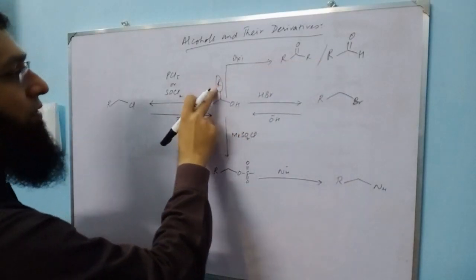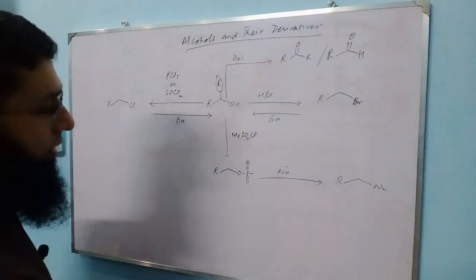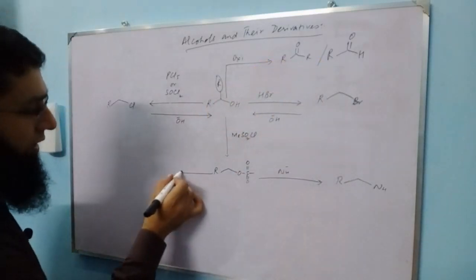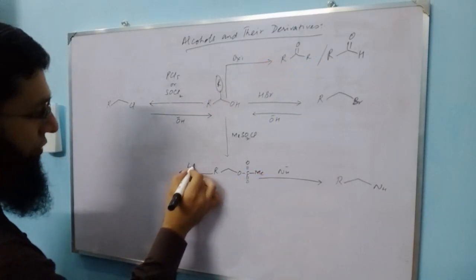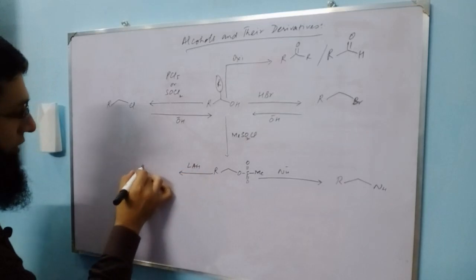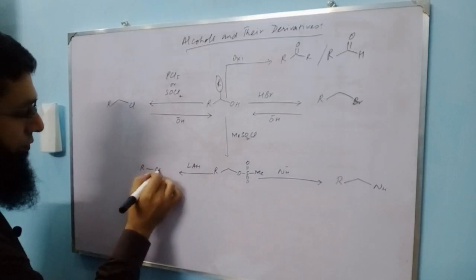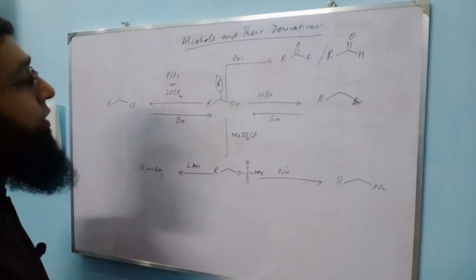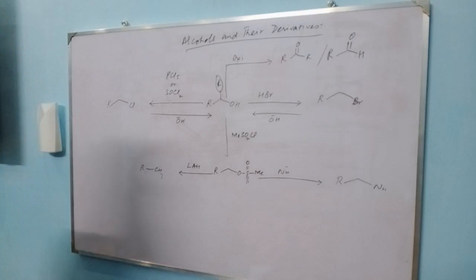When R is present here, we will get ketone, otherwise we would get the aldehyde. And this mesylate, for example here is a methyl group, can be reduced using lithium aluminium hydride to the corresponding alkane. So these were general conversions of alcohols, and they can be converted into different derivatives.